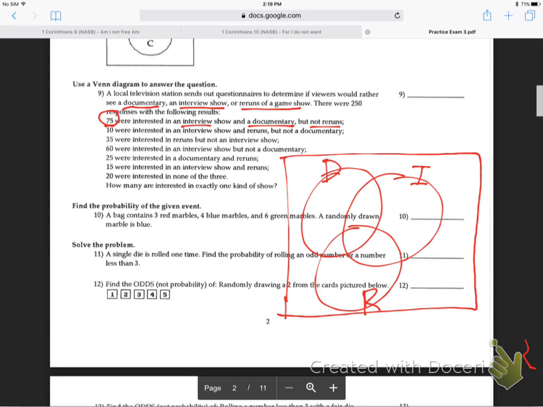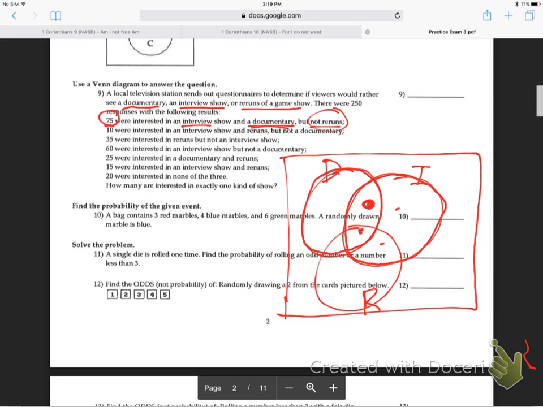Where does it go exactly? They're in the I circle. That narrows it down to these 4. They're also in the D circle. That narrows it down to these 2. Those 2 are in the I circle and the D circle. And they're not in the rerun circle. It's this. Do you see that?